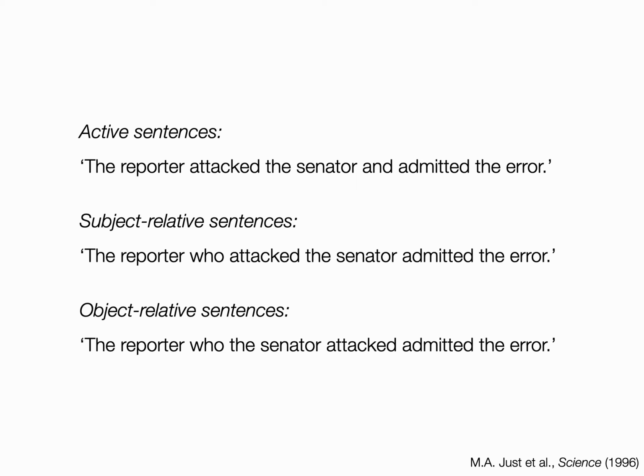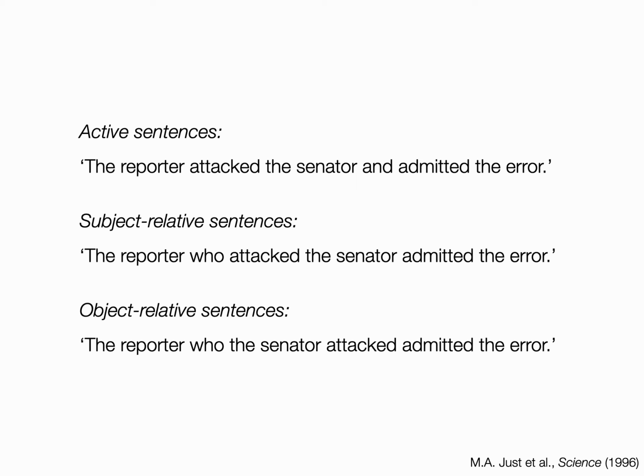They used three experimental conditions. They had active sentences, the reporter attacked the senator and admitted the error. That's the easiest to process and understand. They had subject relative sentences, the reporter who attacked the senator admitted the error, where it's the reporter who attacked the senator and admitted the error.